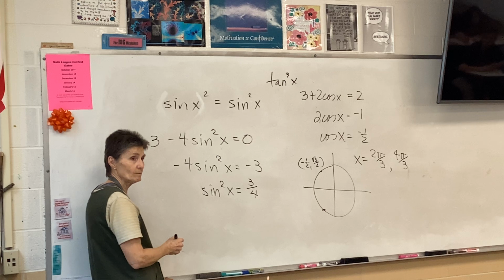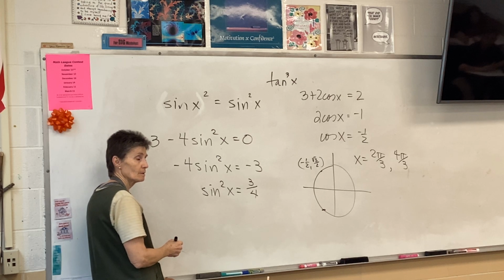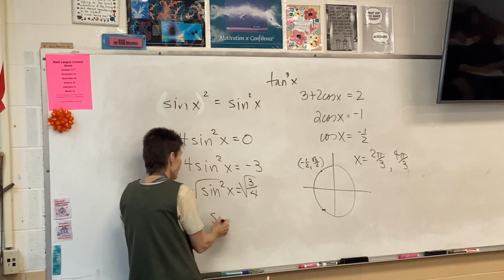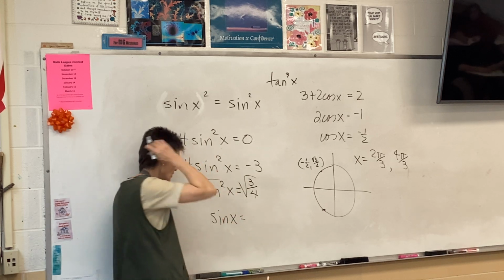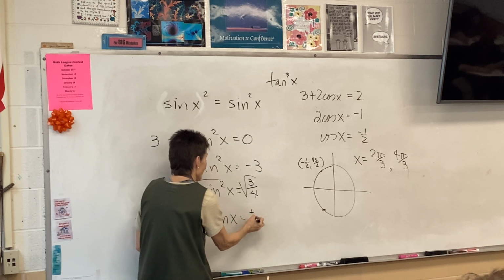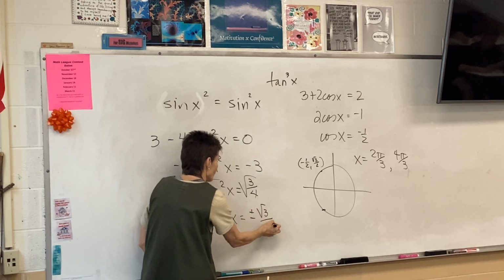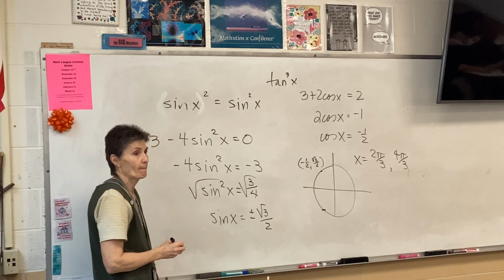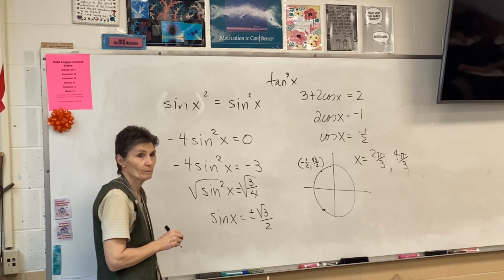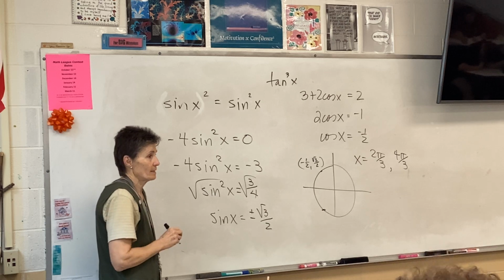And then what should I do? Square root. Like a regular equation. Caution, just like a regular equation, when you square root, plus or minus, and this one will be root 3 over 2. When you put the square root in, plus or minus.